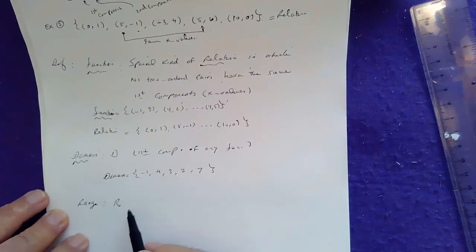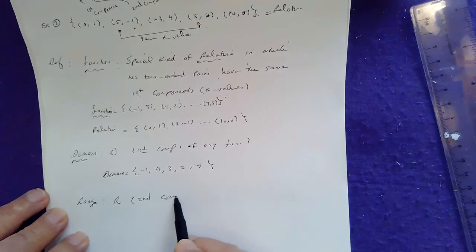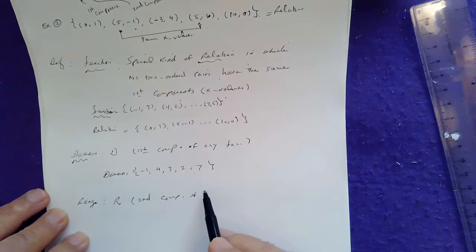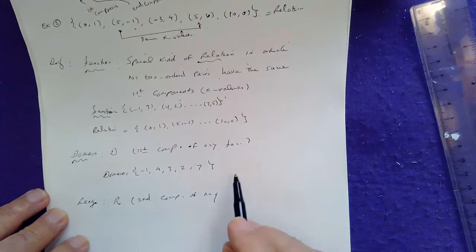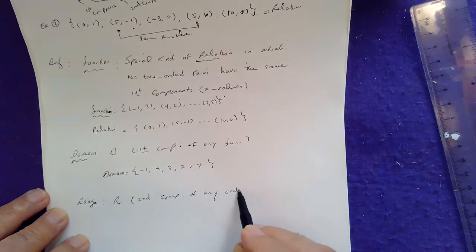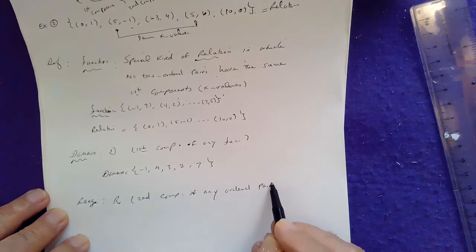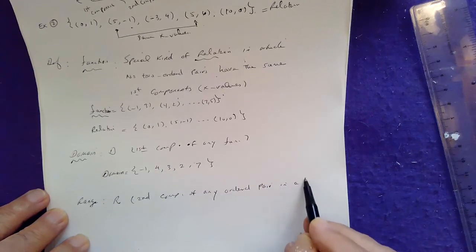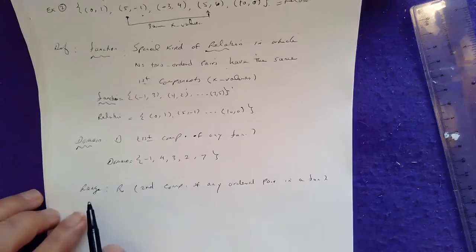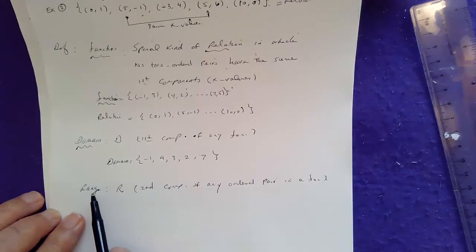And the y values, the second component of any ordered pair in a function, are called the range. That's the range.